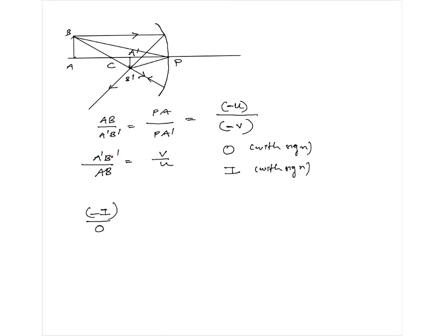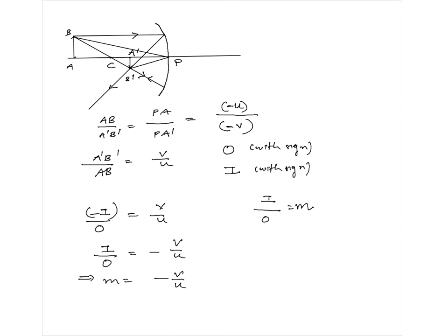Only then can this be a positive number. And magnification is defined as I by O. That's the definition of magnification. Magnification will tell you not only about the size comparison, but also about inverted or not. So I by O is minus V by U, or M is minus V by U.